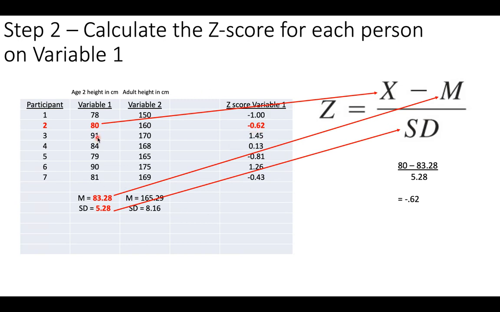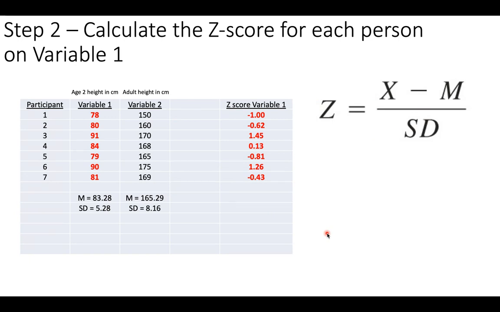So we're going to do the same thing for each participant for their variable 1 scores. Just plug and chug, and your variable 1 scores put into our z-score formula turn into the z-scores you see over here in the middle of the screen. So we can see person 1 is relatively extremely low on height at age 2.